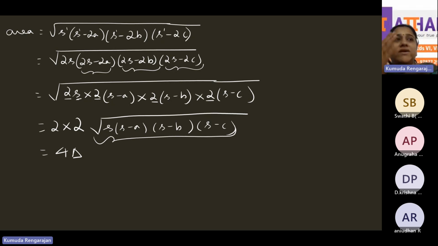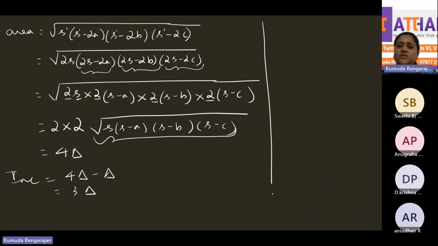New area 4 delta, original area delta. Increase in area is 4 delta minus delta, 3 delta. Like 4x minus x, 3x.